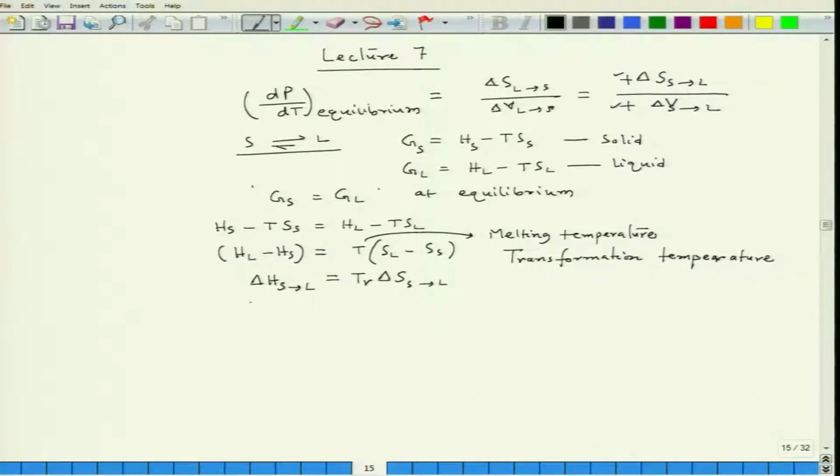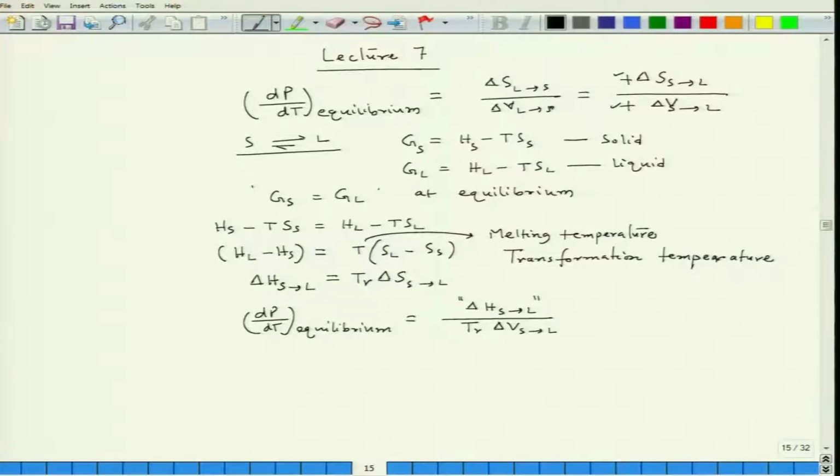Now, I can replace this. What would be the value of del H as solid converting to liquid?